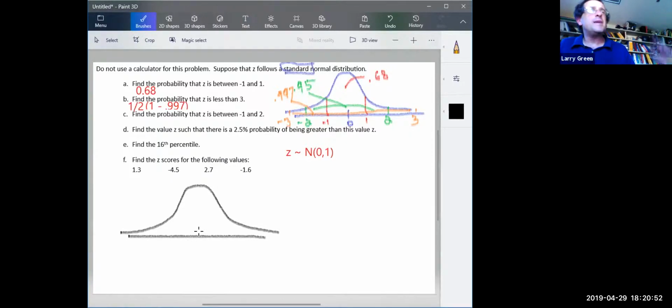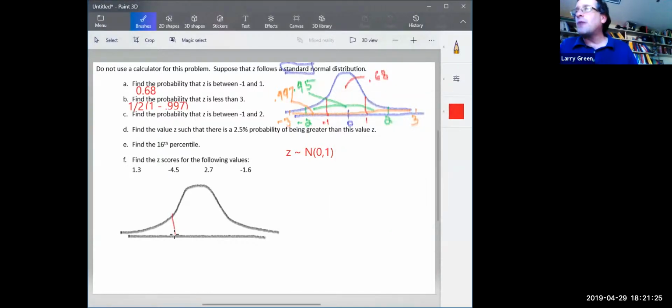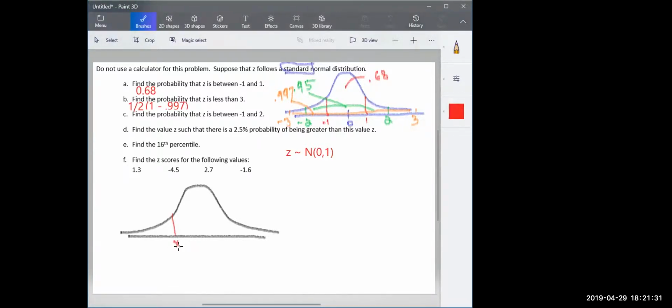Do you remember what it means to be a percentile? It's a probability, but in terms of the picture, what does it mean? Far left, kind of far left, not that far. What it means is that if you draw that line right there at the 16th percentile, let's just call that X. We don't know what it is, so we'll call it X, and we'll figure it out.